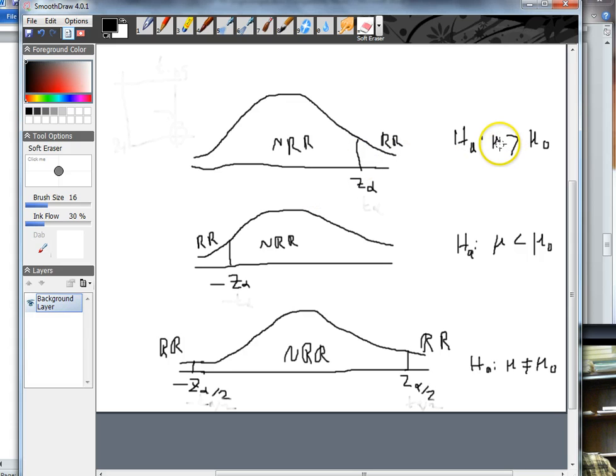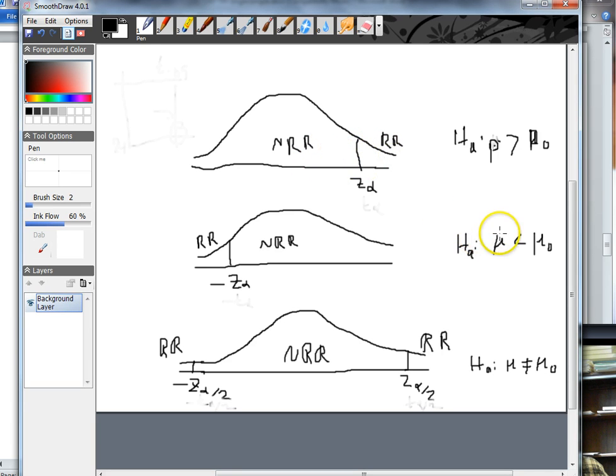Now we had the same thing before, you've seen this before, except instead of mu it's going to be p. So if I change the alternative to p greater than p0, it's going to be the same graph we had for mu, and this would be our rejection region, this would be our non-rejection region.